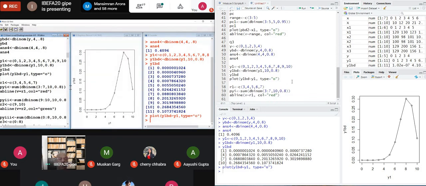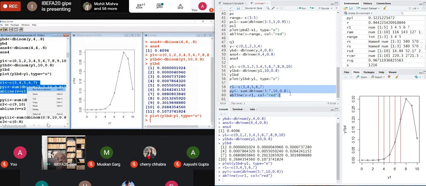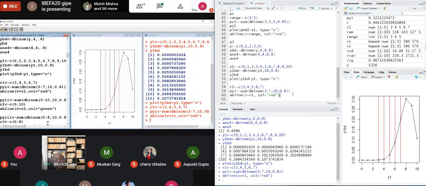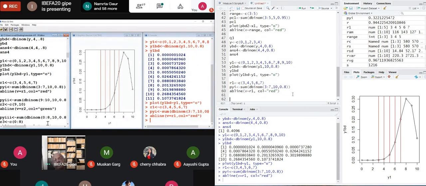Correct. So instead of 3 to 7, I write 3, 4, 5, 6, 7. Compute the probability and plot it on the graph.